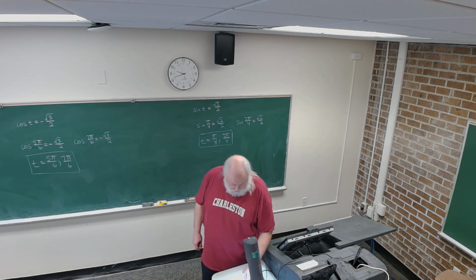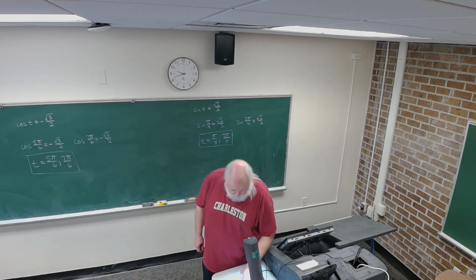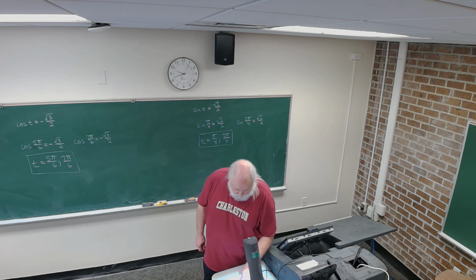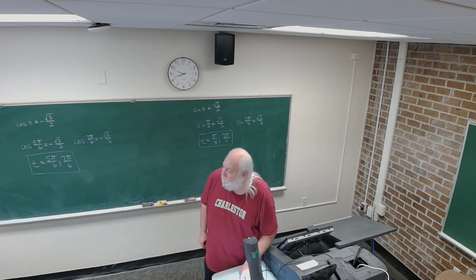And so when we shift the graph to the right pi over 2 units, we get the graph of y equals cosine of x minus pi over 2, which is the same graph as that of y equals sine x.